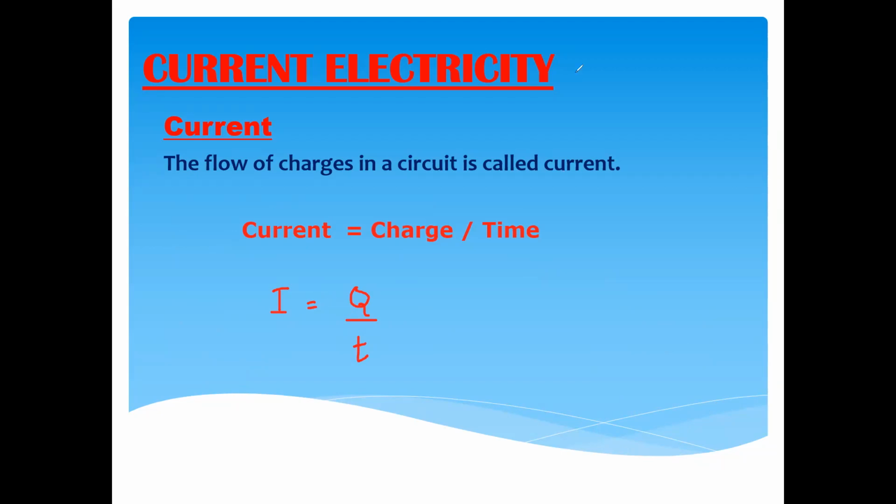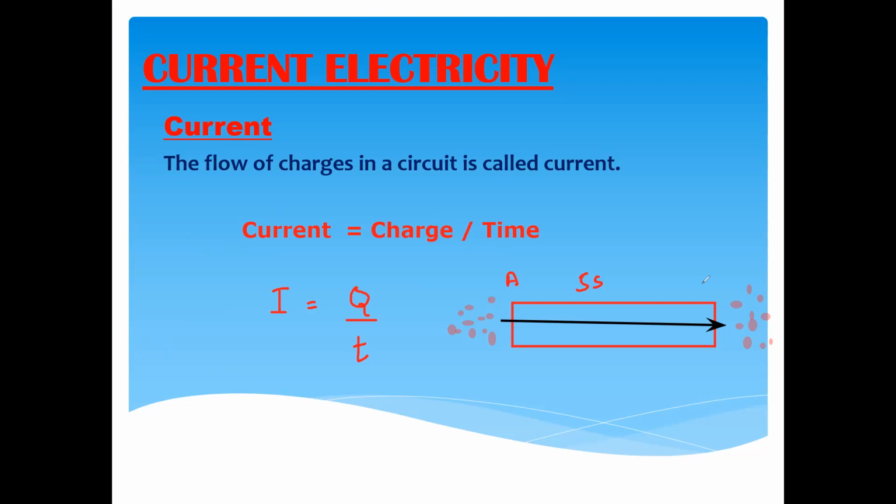For example, we have a material and there are 10 charges. There are 10 charges moving through a material from one end of a conductor to another in 5 seconds.